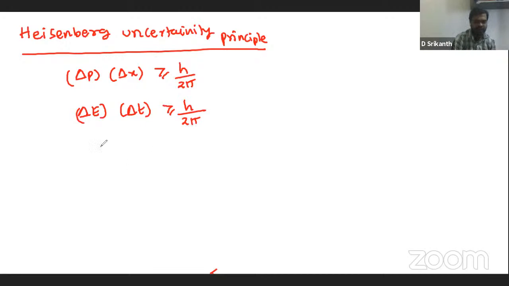And it is impossible to find angular momentum and angular displacement at the same instant. That is the Heisenberg uncertainty principle.